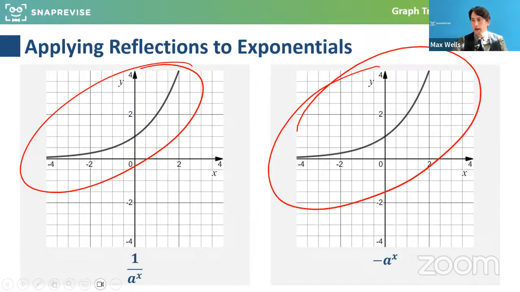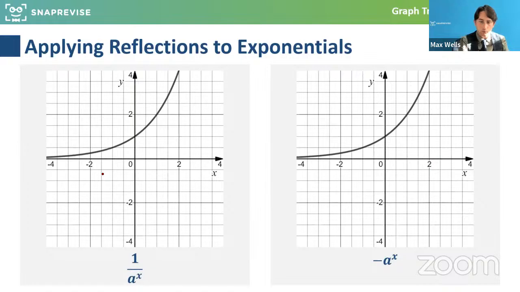So what would happen here with this one? How can we think of this? 1 over a to the x. If this here is f of x, which is a to the x, what transformation has effectively happened here? Think of how this could be written using powers.